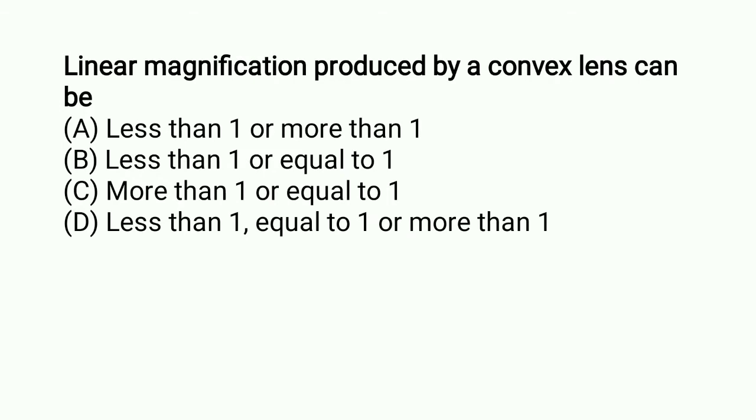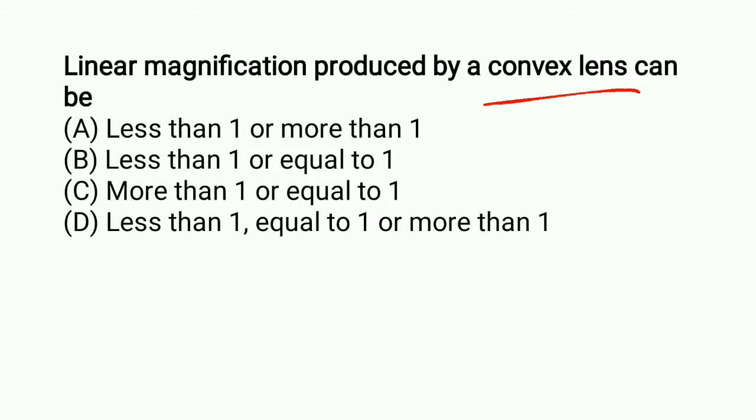Next question: a linear magnification produced by a convex lens can be? A convex lens can produce a diminished image, a highly diminished image, a same size image, and an enlarged image. It means the magnification can be less than 1, equal to 1, or more than 1.